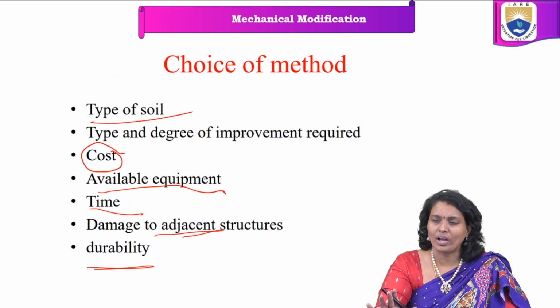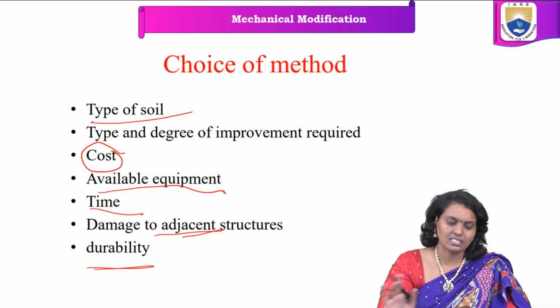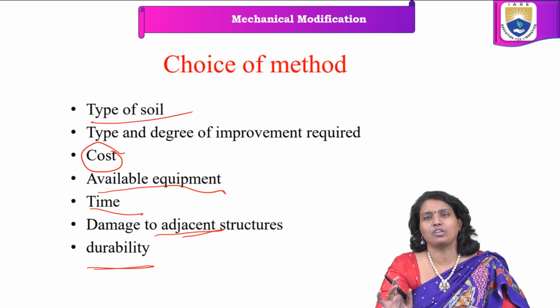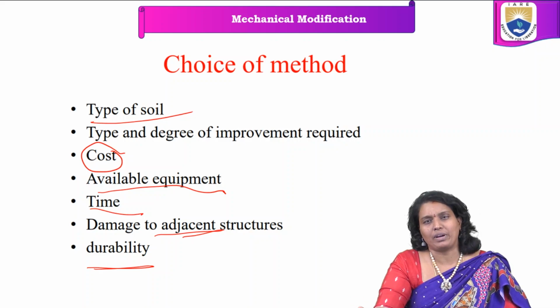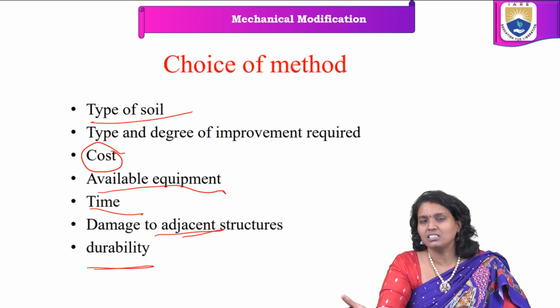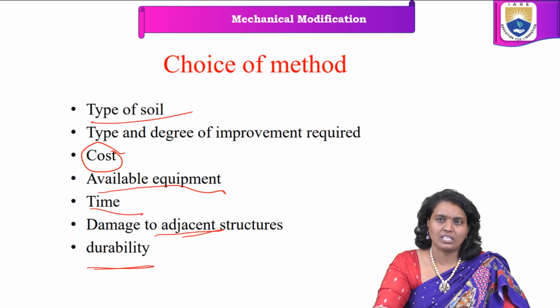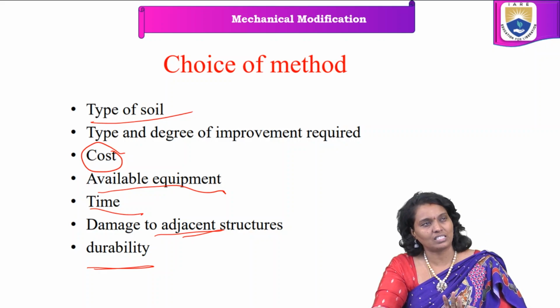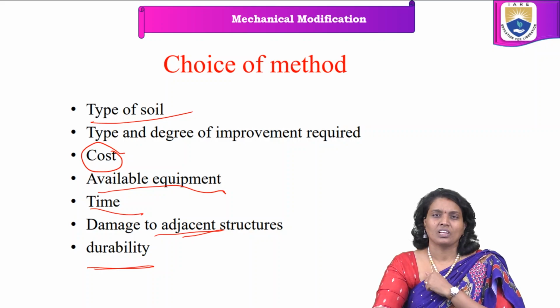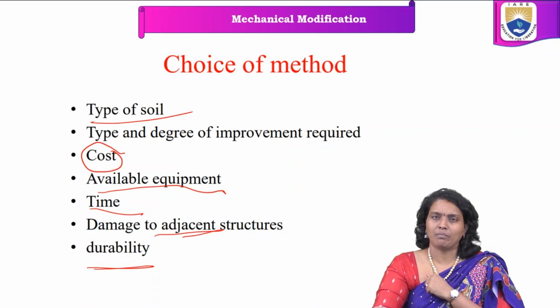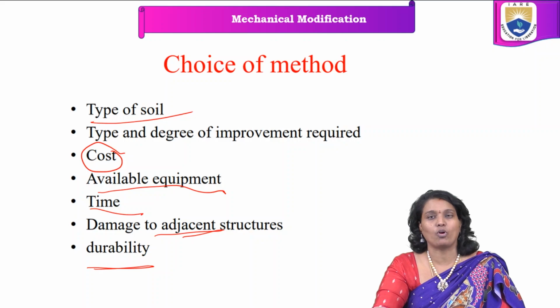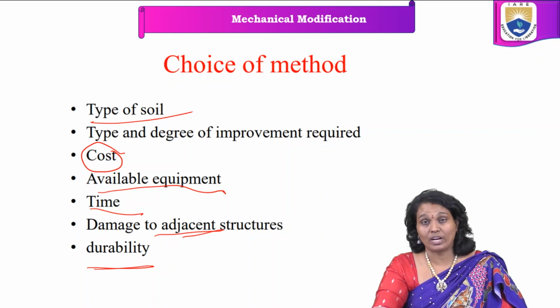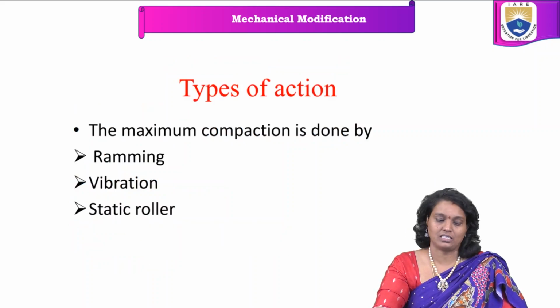Based on the choice of the method and the various degrees of improvement, these are the parameters we consider in mechanical modification. For choosing the method as well as the affecting factors, we have to understand them and take the appropriate method based on all these important parameters for that particular construction.